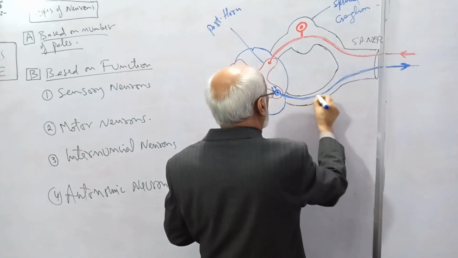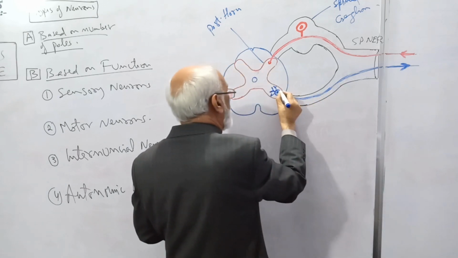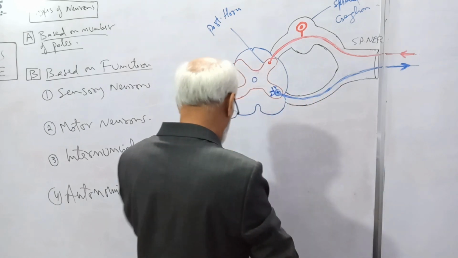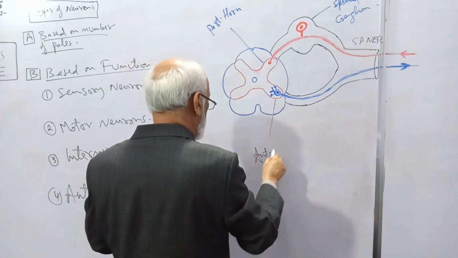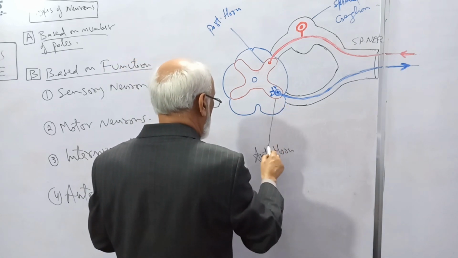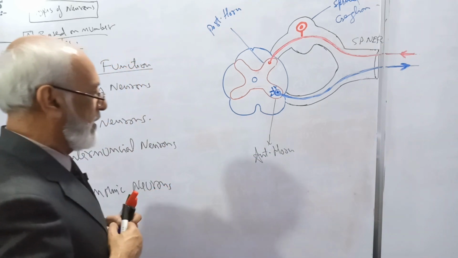There are several such neurons, but I have drawn only one neuron. This is anterior horn of gray matter of the spinal cord.